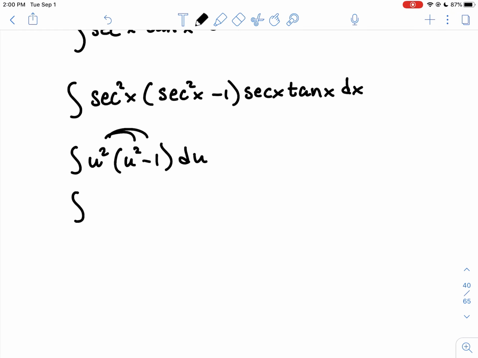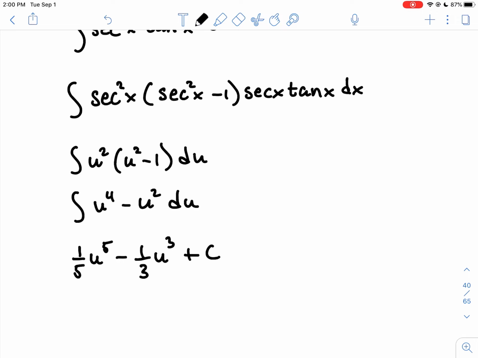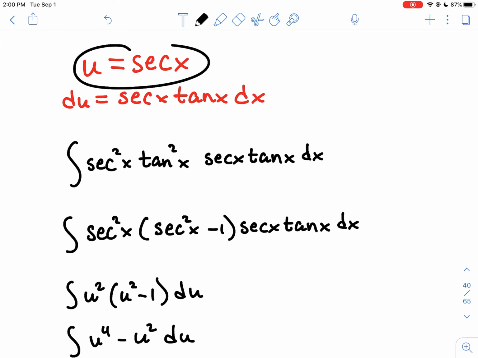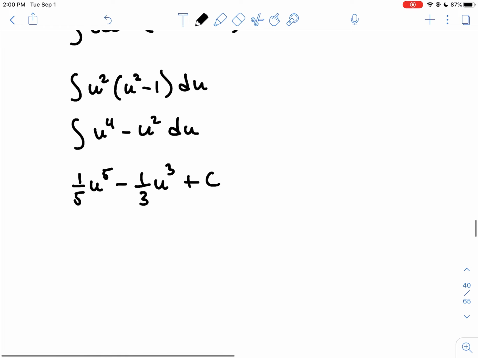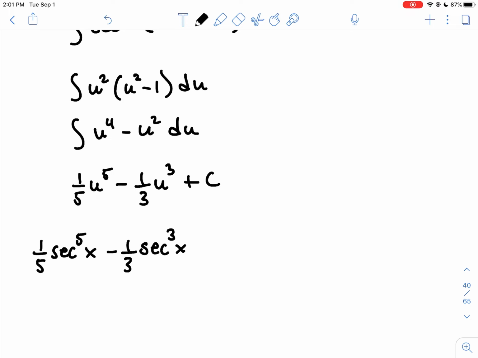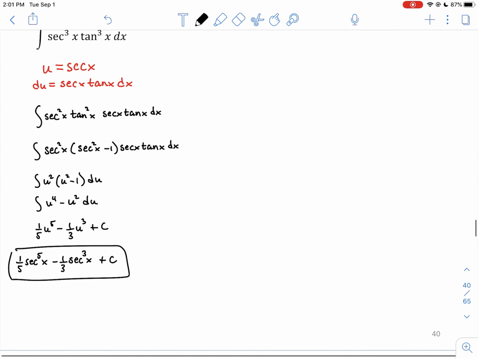To finish from here, I'm going to distribute this u squared across, so I get u to the 4th minus u squared du. Integrate those separately, so 1/5 u to the 5th minus 1/3 u cubed plus c, and then back substitute. Each u is a secant of x. So we have 1/5 of secant to the 5th of x minus 1/3 of secant cubed of x plus c, and that's a good final answer for this one.